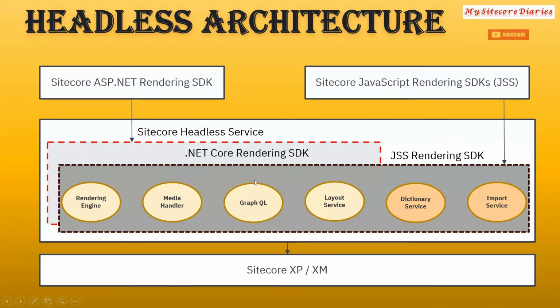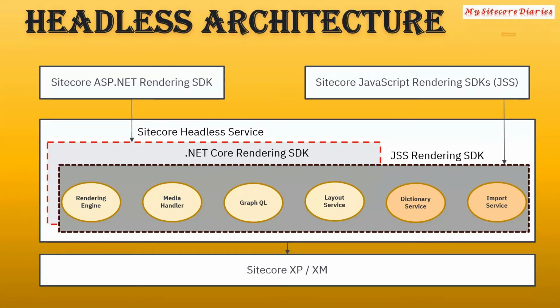Then the Sitecore headless service has two parts of SDKs, like I said, the .NET Core rendering SDK and the JSS rendering SDK. For supporting both, there are in total 6 services which help to provide the content in the JSON format. For the .NET Core rendering SDK, we have the rendering engine, media handler, GraphQL, and layout service. These are the things which are used by the .NET Core rendering SDK.